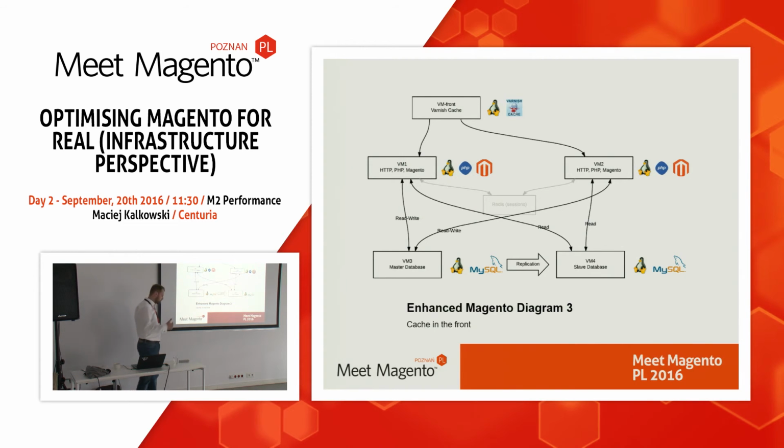And Varnish works the way that it should have all the content it caches in the RAM. And even the smallest server possible with 1 core, 1 gig of RAM, and some drives can serve up to 1 gigabit of traffic if it goes directly from RAM to the user.